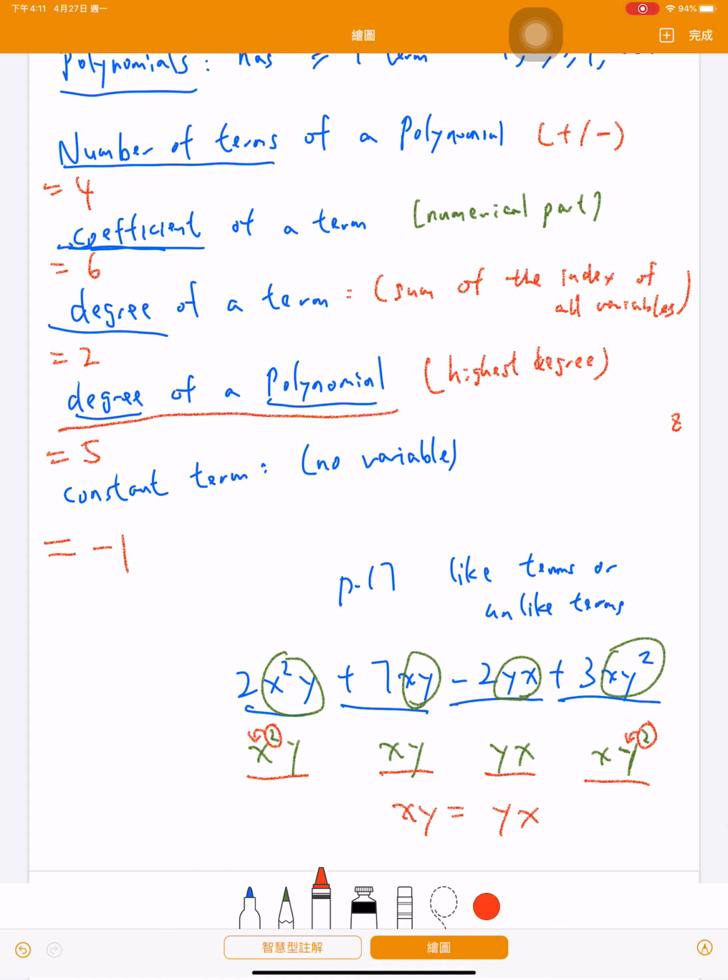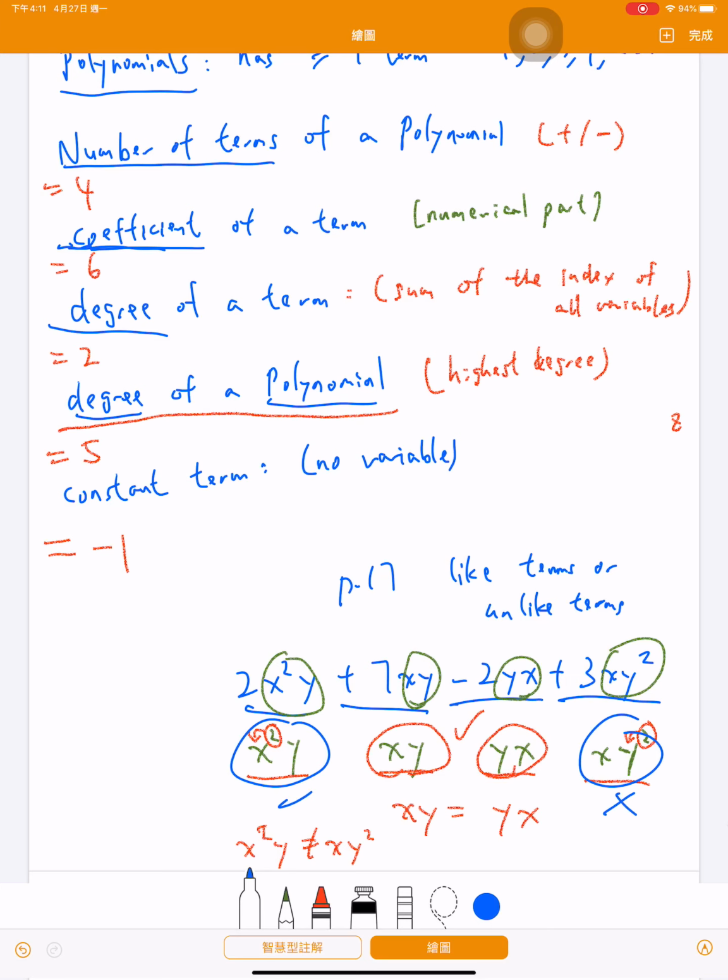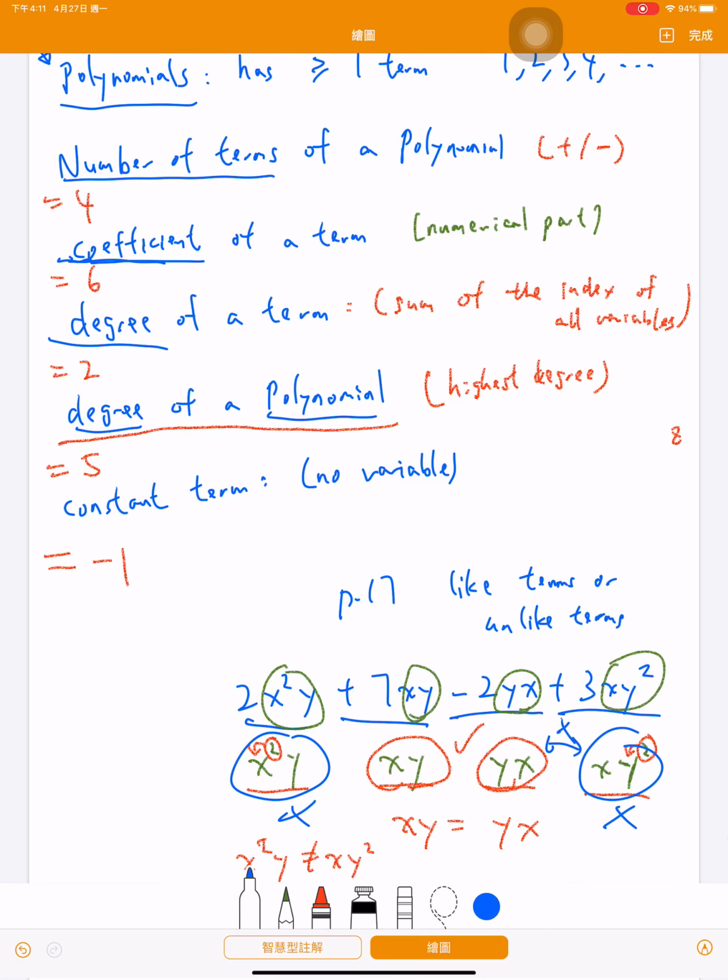So they are different. x squared y is not equal to xy squared, right? So these 2 terms are like terms, and these 2 terms are unlike terms. Of course, these 2 and these 2 are also unlike terms. They are not the same.